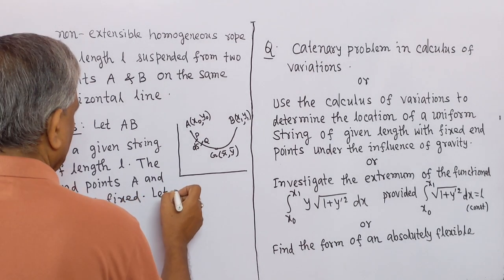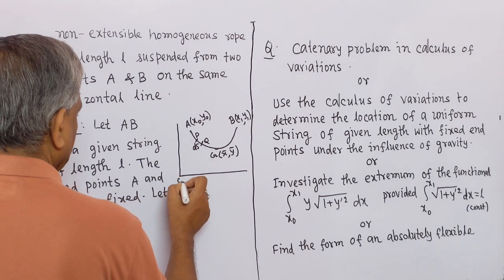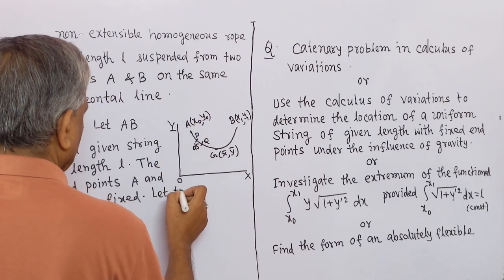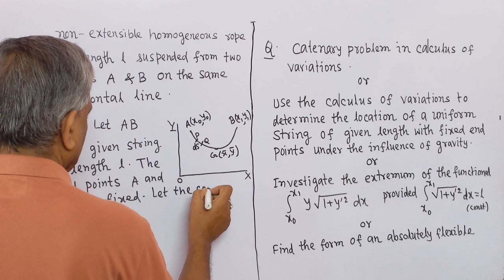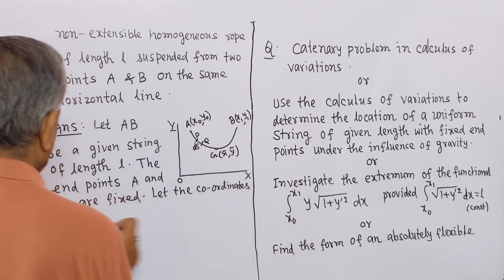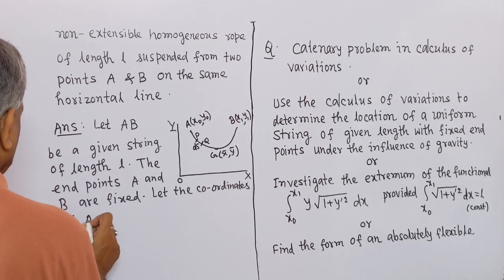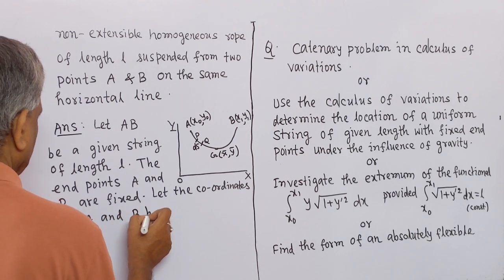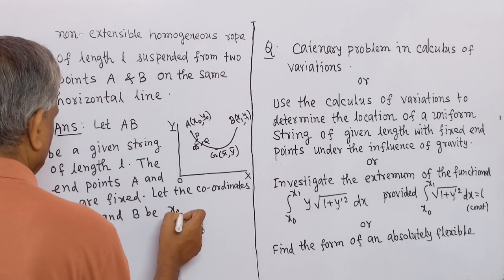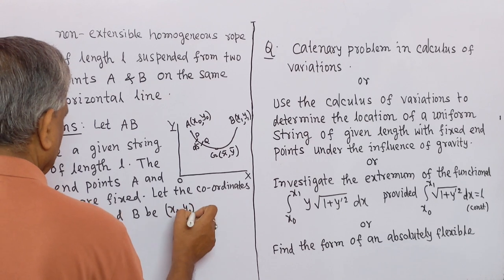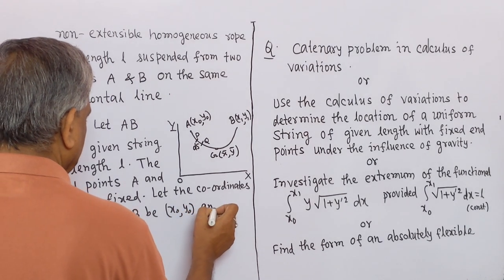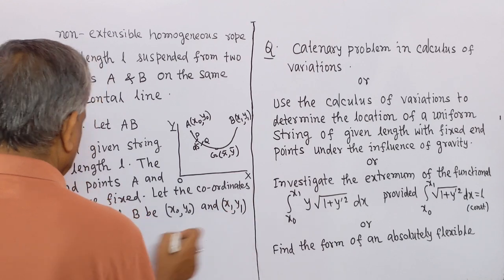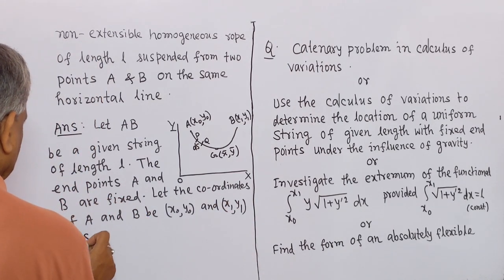Let the coordinates of A and B be x0, y0 and x1, y1 respectively.